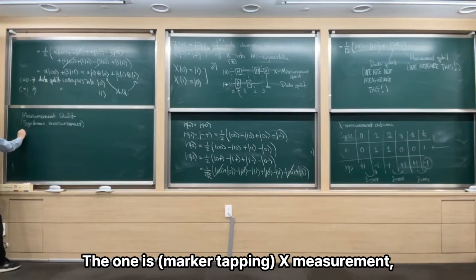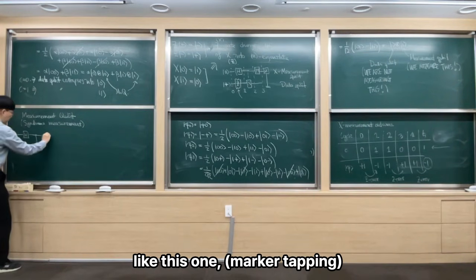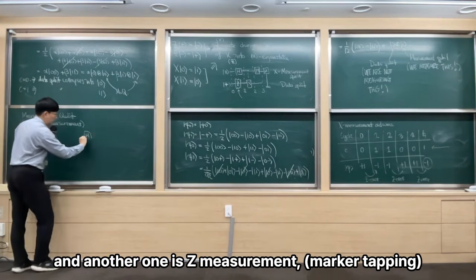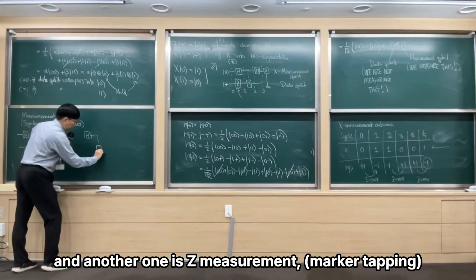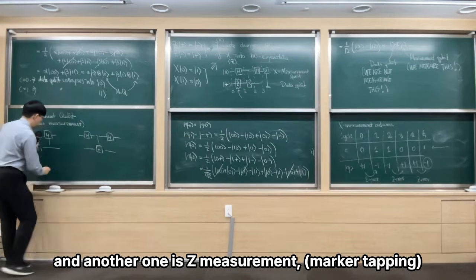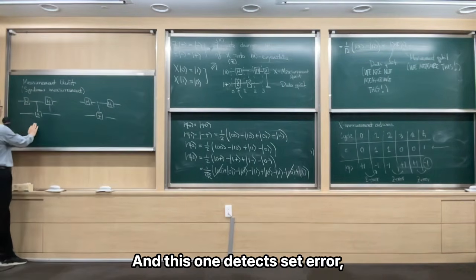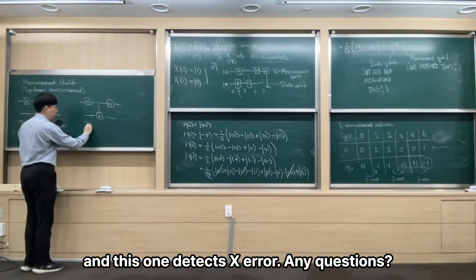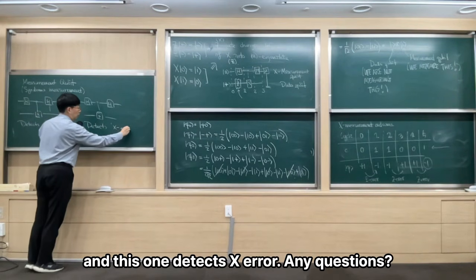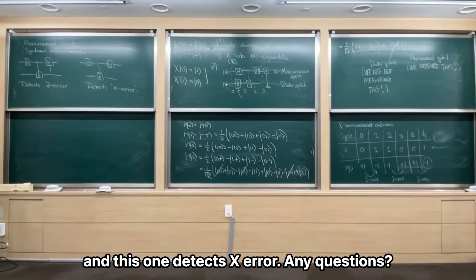One is X measurement, like this one, and another one is Z measurement. This one detects Z error, and this one detects X error. Any questions?